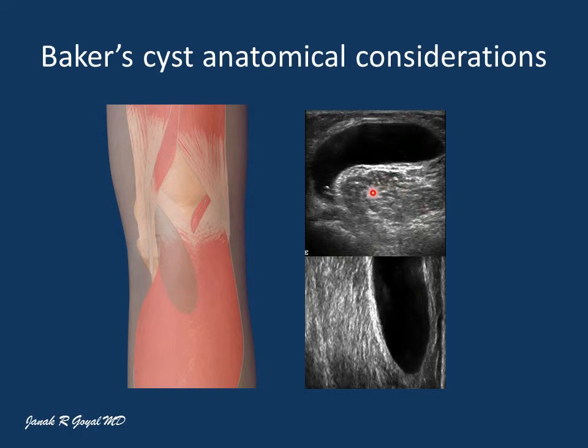Here is the medial head of gastrocnemius, and here is your semimembranosus tendon and the Baker cyst projecting in a space between the medial head of gastrocnemius and semimembranosus, and deep to that is your femoral condyle. You have to see the neck of the Baker cyst to define it as a Baker cyst. The neck is located between the medial head of gastrocnemius and the semimembranosus tendon.